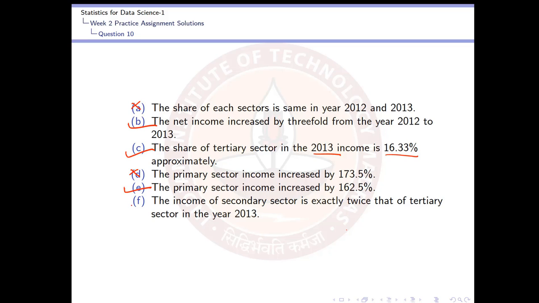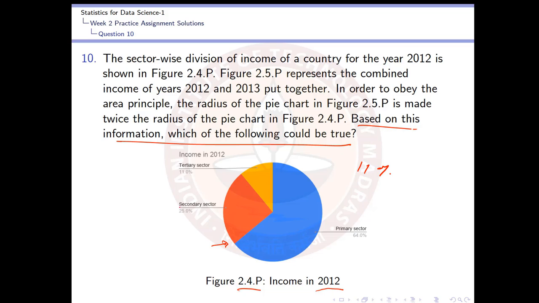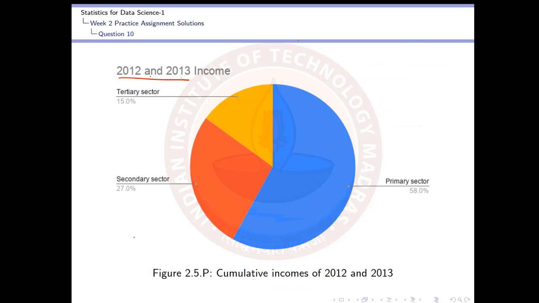Let's check option F. The income of the secondary sector is exactly twice that of the tertiary sector in the year 2013. So let's calculate the income of the secondary sector in 2013 and the income of the tertiary sector in 2013, and we will compare these two. Income from the secondary sector in 2012 is given as 25%, and in 2012 and 2013 together is given as 27% of 400.